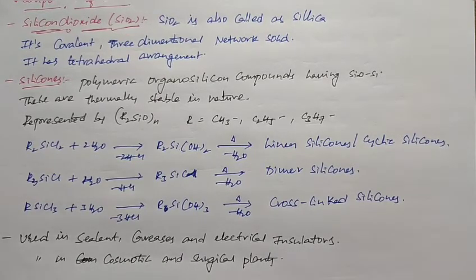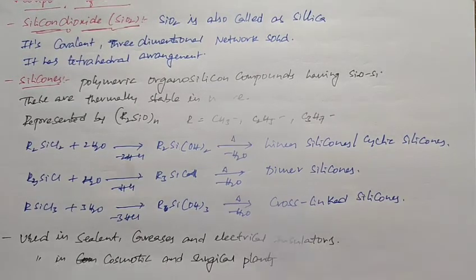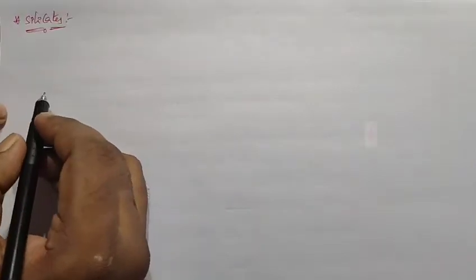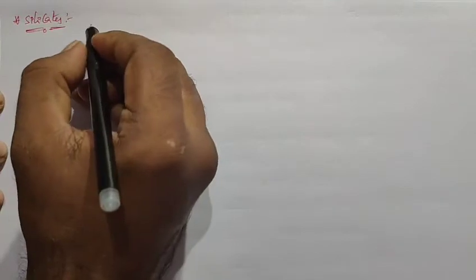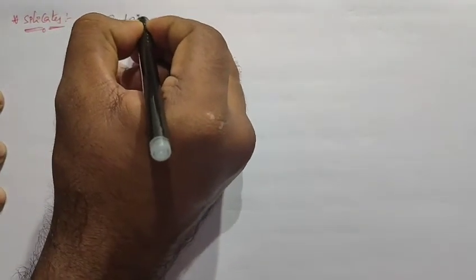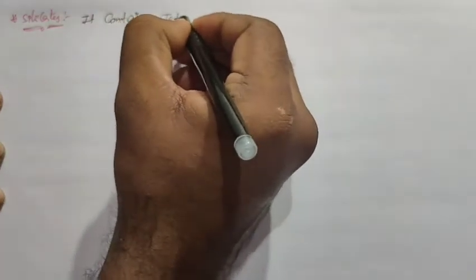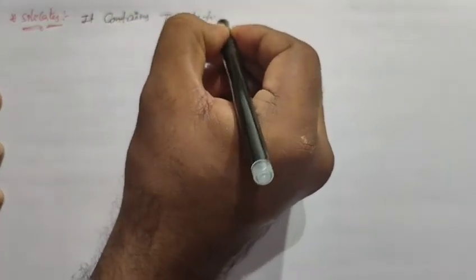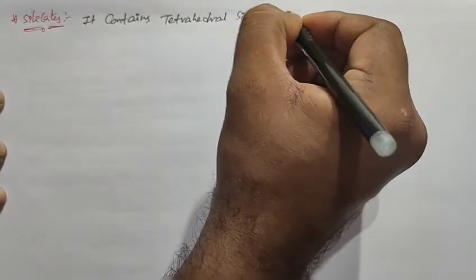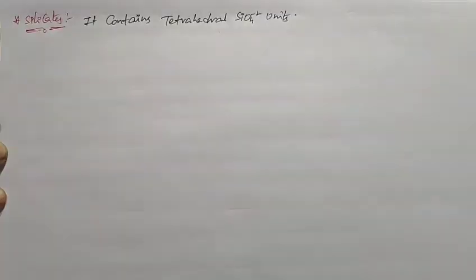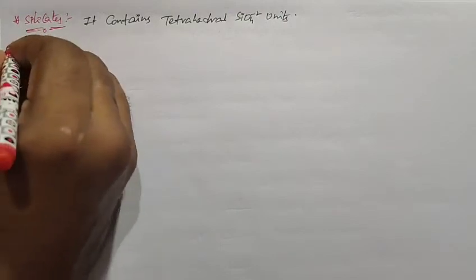And next one is silicates. Silicates contain tetrahedral SiO4 4- units. These are classified into various types, so we will discuss them one by one.